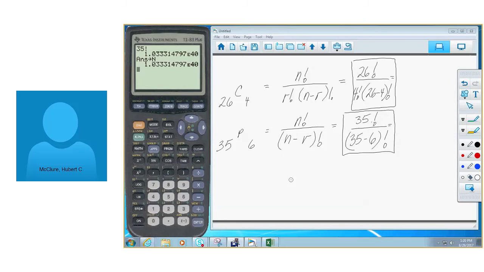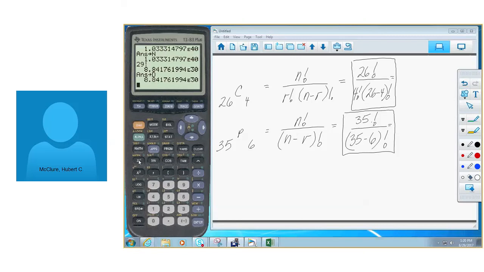All right. There's the numerator. 35 minus 6 is what? 29. Thank you, Mr. Gould. We appreciate it. At least you didn't go like that guy did. 29 factorial, store, alpha, D for denominator.